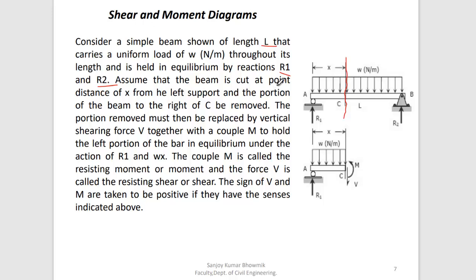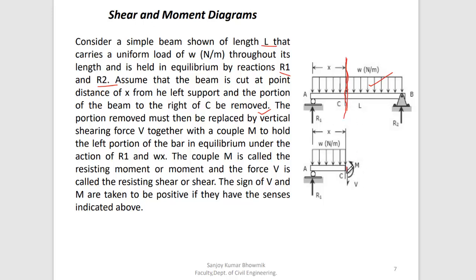Assume that the beam is cut at a distance x from the left support, and the portion of the beam to the right of C is removed. If you take a section and remove this portion, you will get this kind of free body diagram.